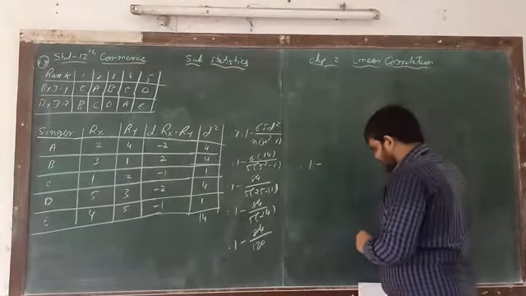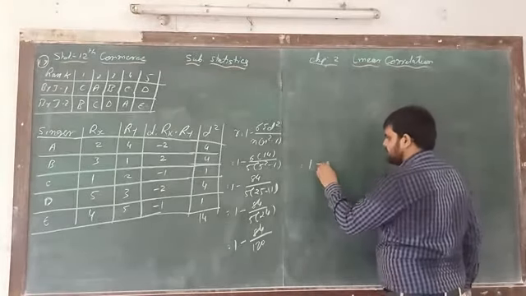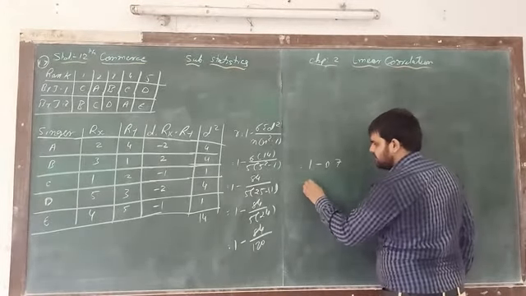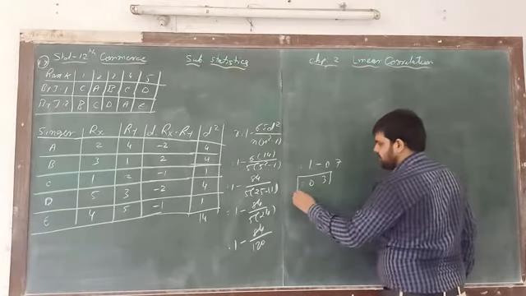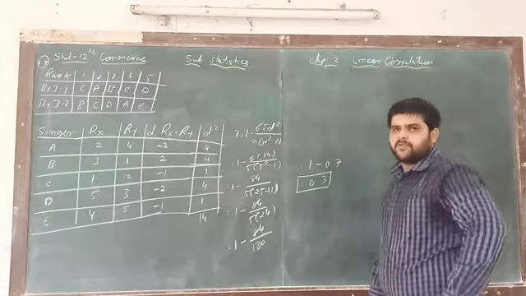So 1 minus 84 divided by 120, which is 1 minus 0.7, equal to 0.3.